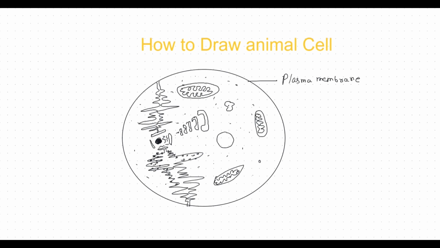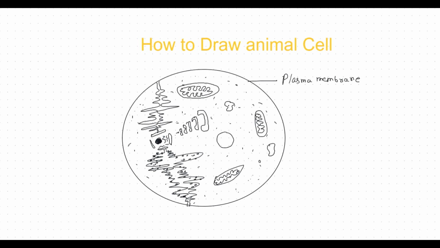So here is how you can show the ribosomes attached to the ER and some floating. These are the basic structures we have drawn. You can draw more than one lysosome. The ER, vacuoles, lysosomes, mitochondria and Golgi apparatus are the most important structures.